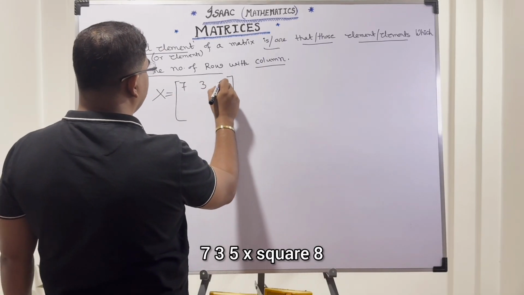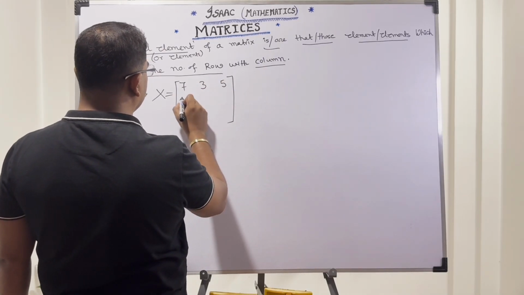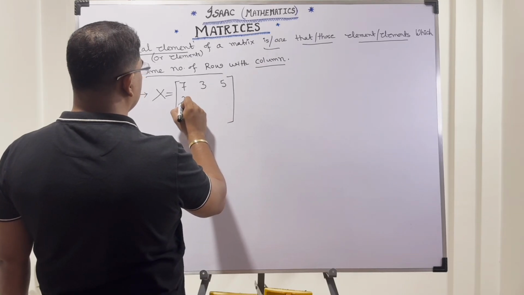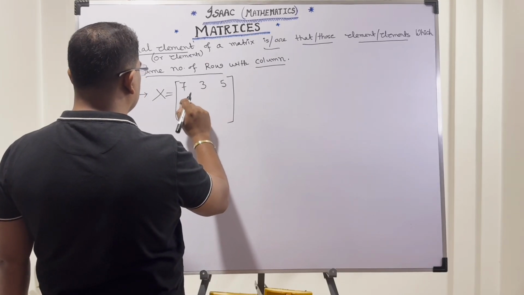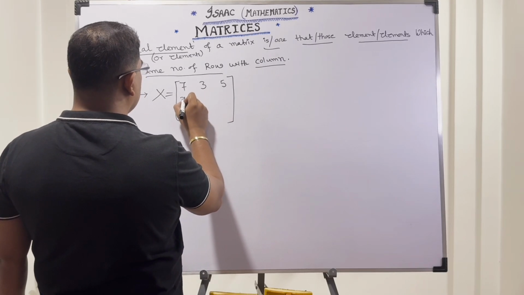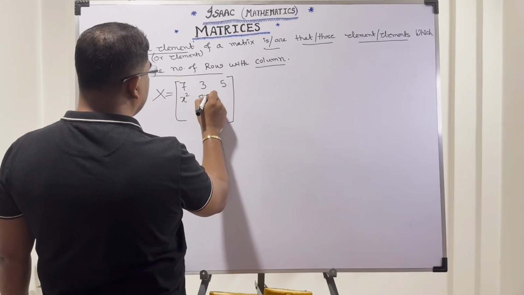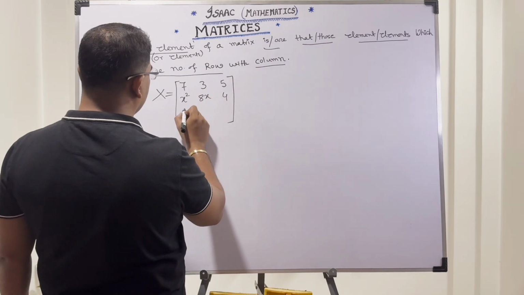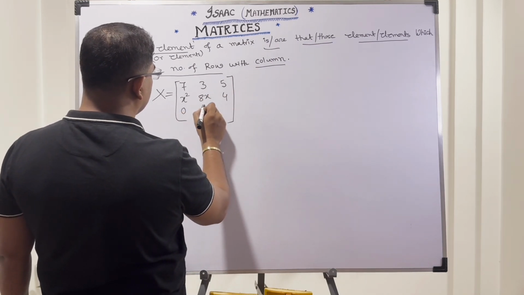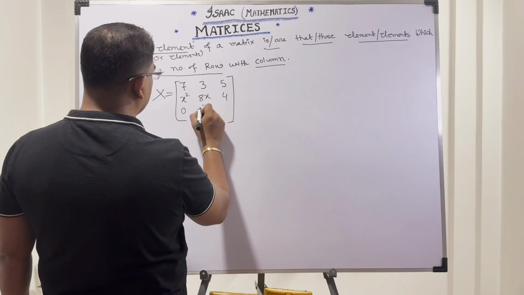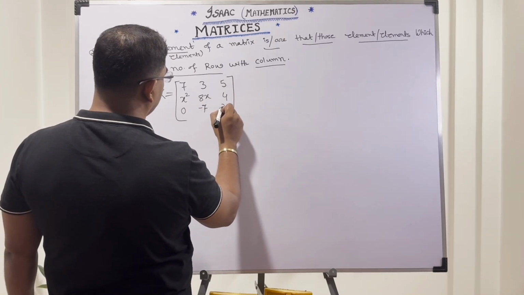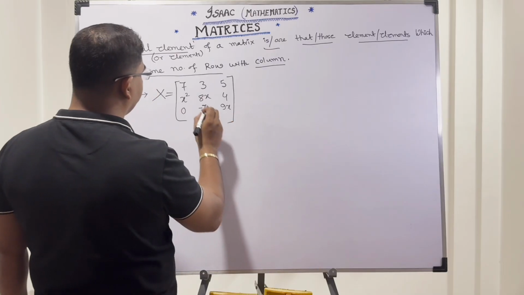7, 3, 5, x square, 8x, 4, 0, minus 7, 9x.